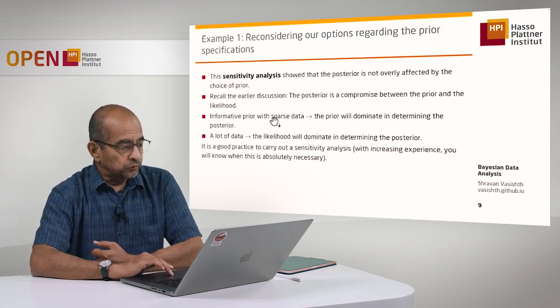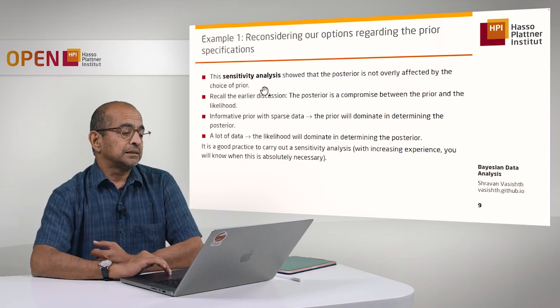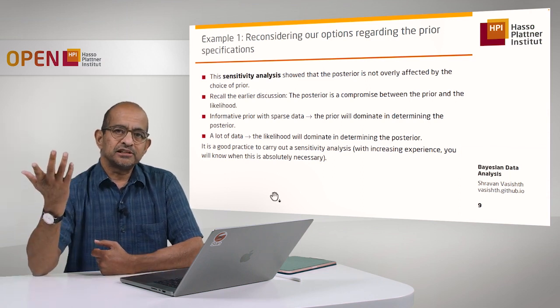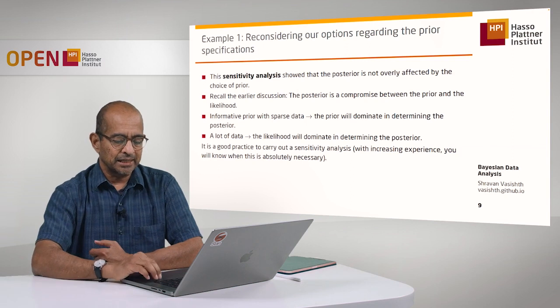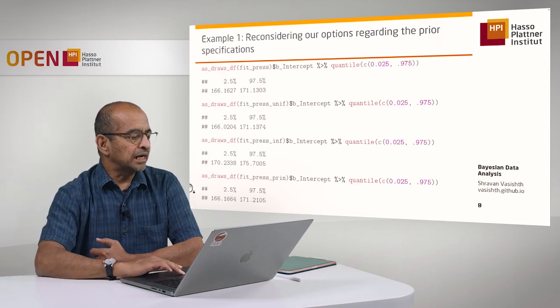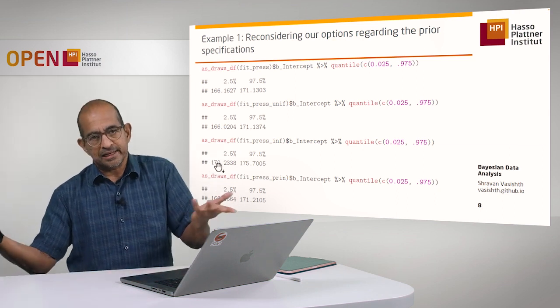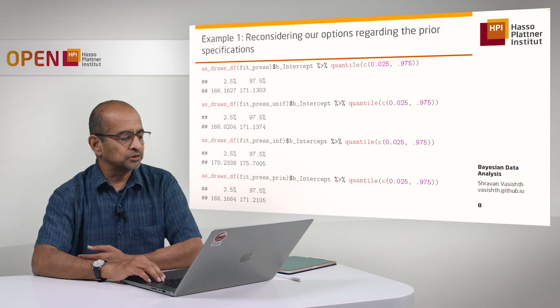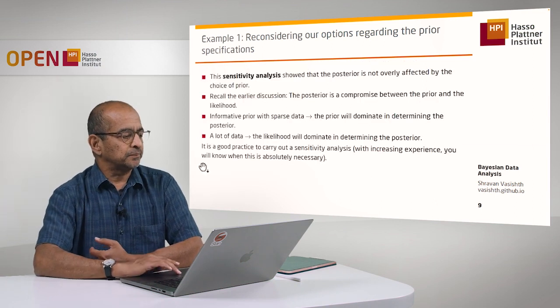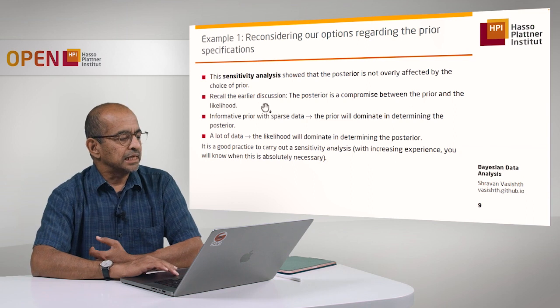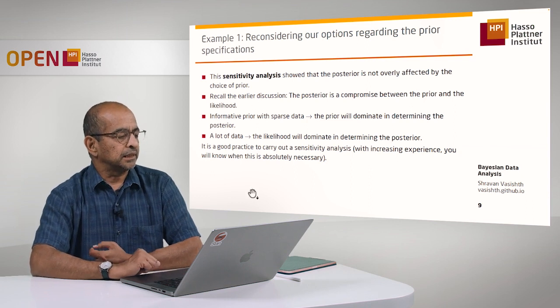Okay, but what we found in this example is that the sensitivity analysis shows that the posterior is not affected much by the prior specification, right? So you can't get overexcited about the fact that there's a 4 millisecond slowdown here. A shift of 4 milliseconds to the right is not really meaningful in terms of changing the meaning of the posterior distribution. So in that sense, it doesn't really affect the posterior, right?